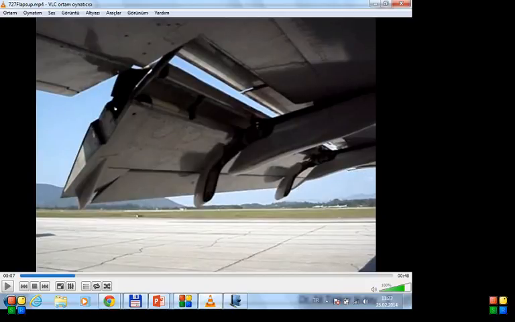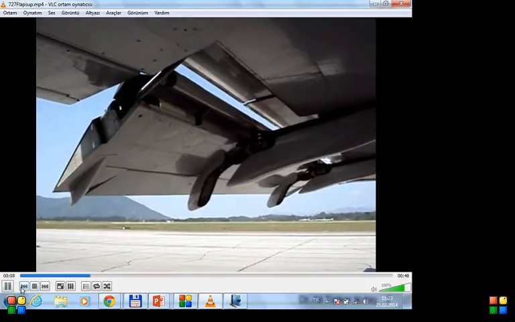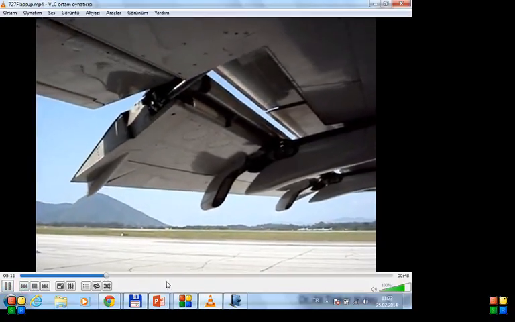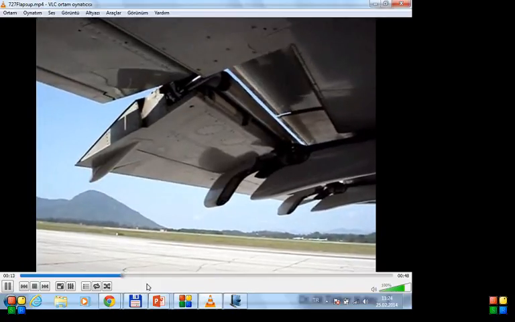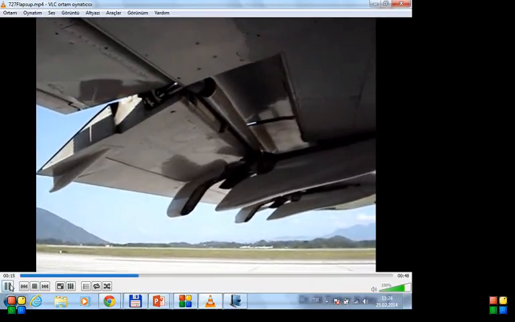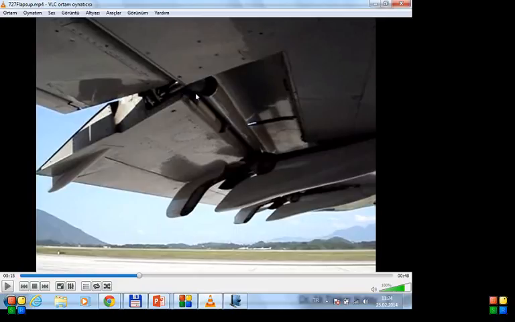And since the speed change is gradual, you want the lift increase to be gradual as well. You don't want the lift force to be increased immediately. So that's why the flap operation is slow, as you see. It takes about a minute to go from the fully extended position to fully retracted position.